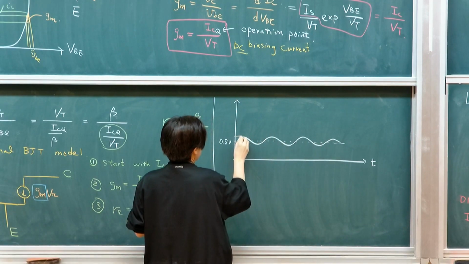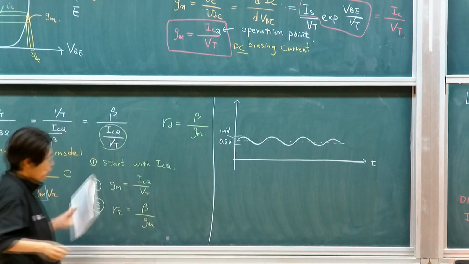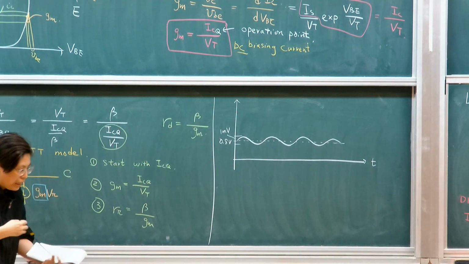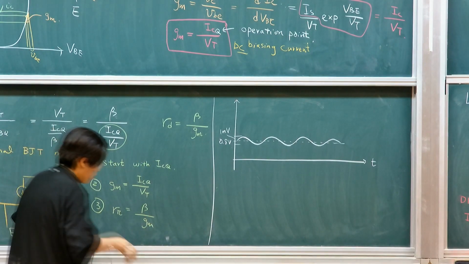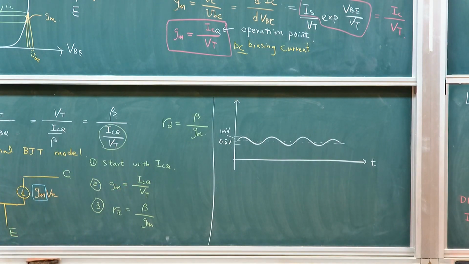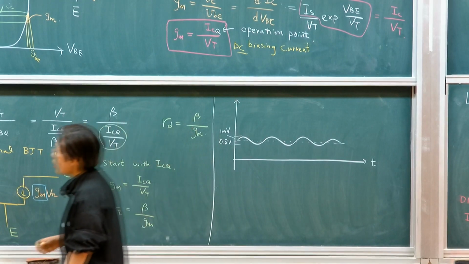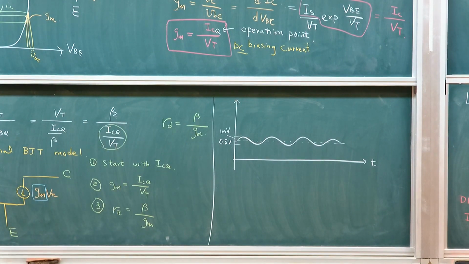So this is referred to as amplifying a little bit, 1 millivolt. Okay. And then what is your output? If I ask you to plot it on the same plot, it will be biased at a higher voltage.